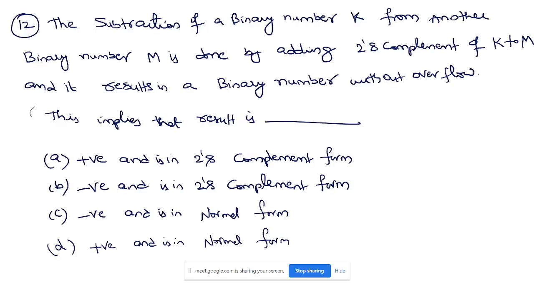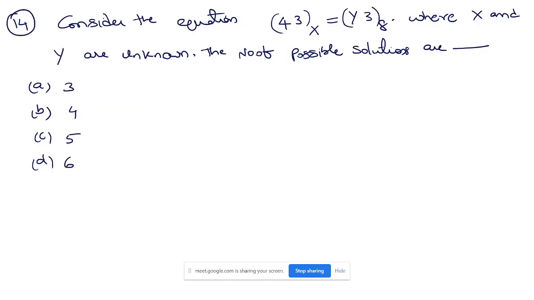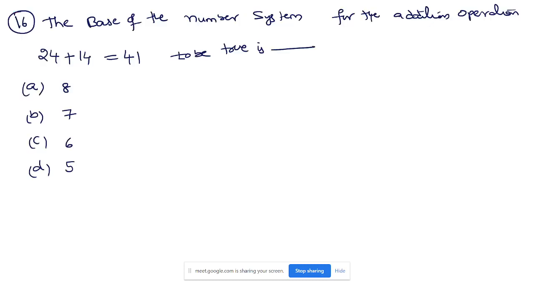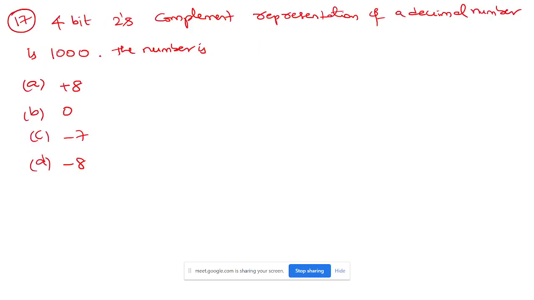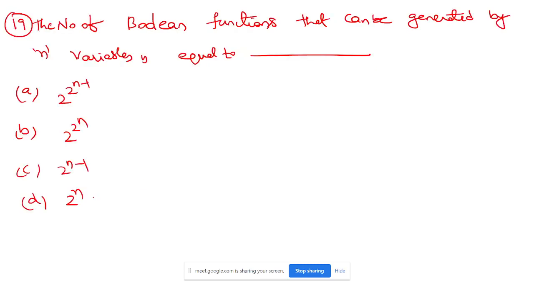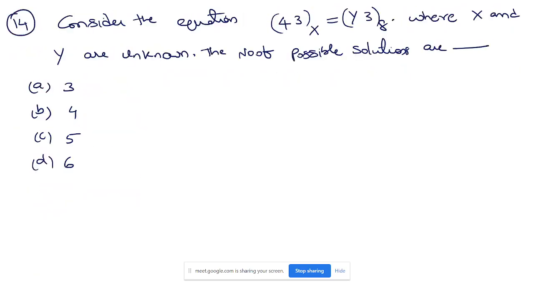Right? So these are all simple problems. If you try on your own, you may get it. Okay, try this. 43 base x is equal to y3 base 8.